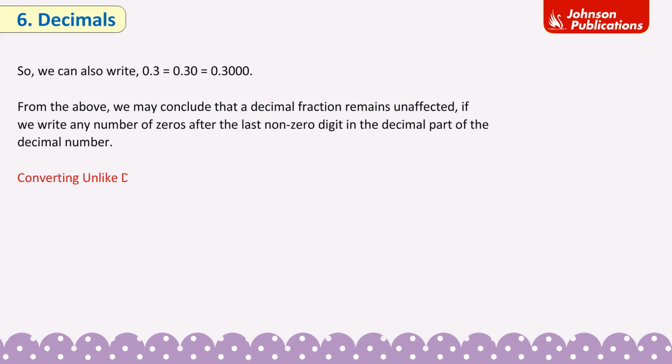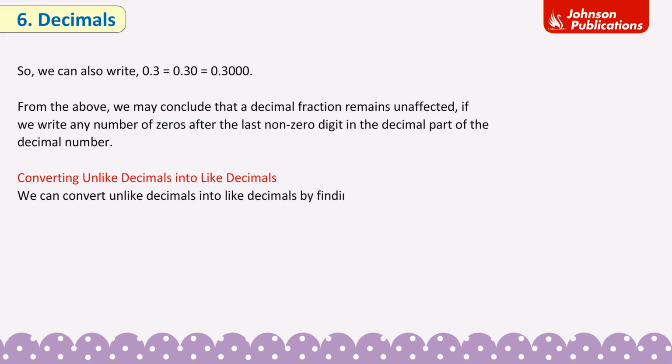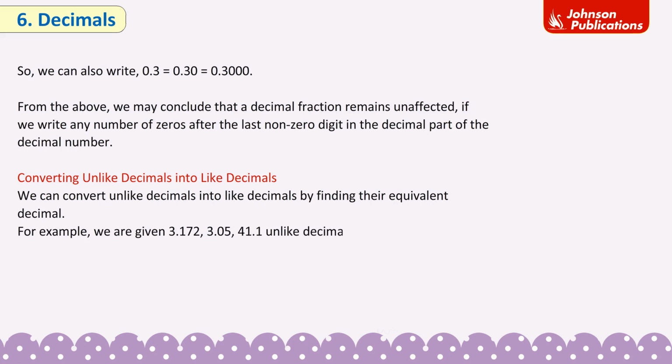Converting unlike decimals into like decimals. We can convert unlike decimals into like decimals by finding their equivalent decimal. For example, we are given 3.172, 3.05, 41.1 unlike decimals.